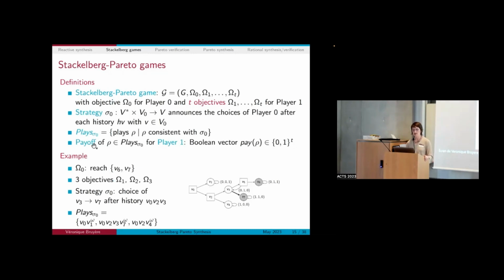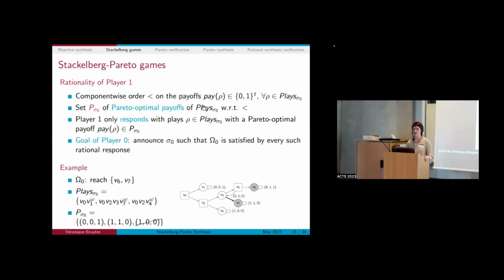And as I explained, for each play, the environment receives a triple of Booleans. And what will be rationality for the environment is to consider the component-wise order on this Boolean vector and to only follow plays with Pareto optimal payoff.